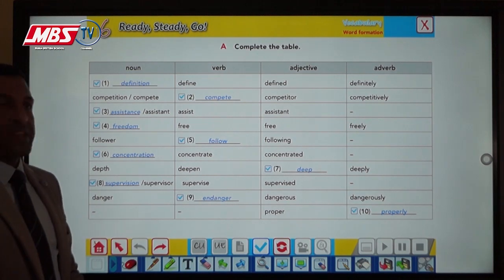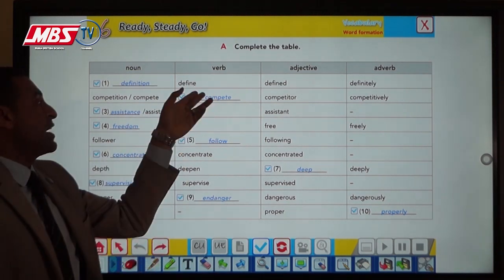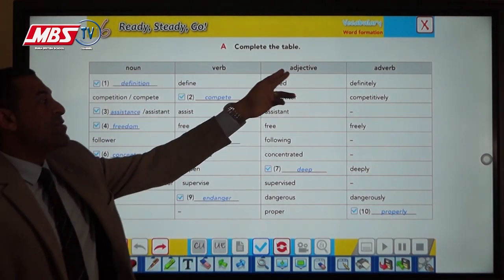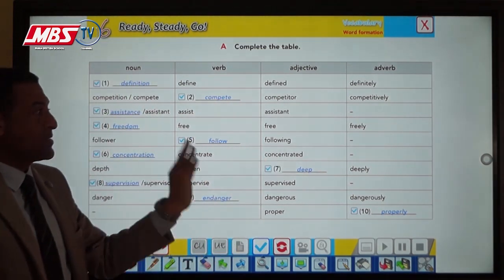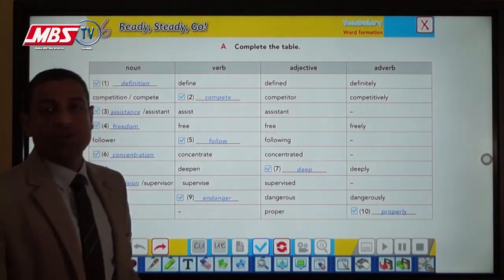Competition, it's a noun. So what's the verb of this word? It's compete. And the adjective is competitor. And the adverb is competitively.